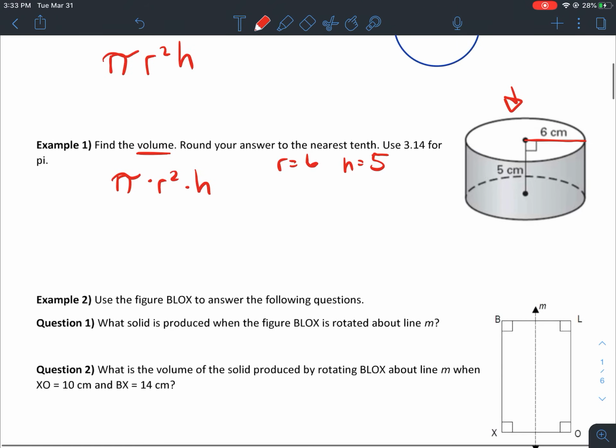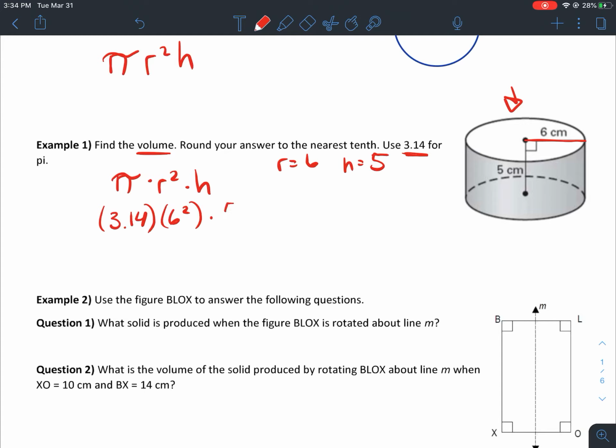So we could go ahead and plug these into our formula. We have pi. Oh, and actually, they told us that they want us to use 3.14. So instead of putting in the pi symbol, I'm going to write 3.14. And now I'm going to plug in my radius, which is 6. So we have 6 squared times the height, which is 5.